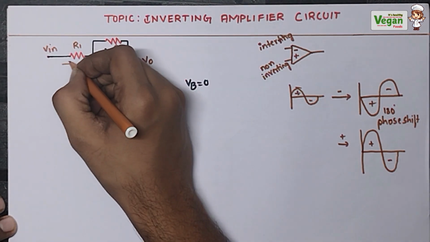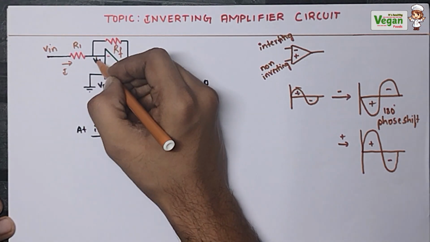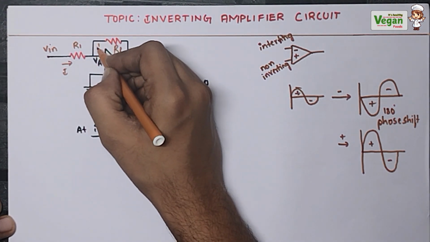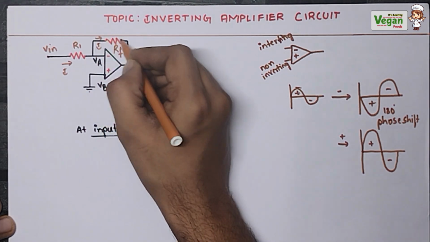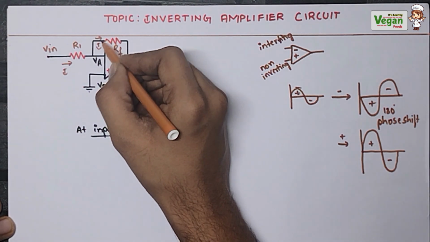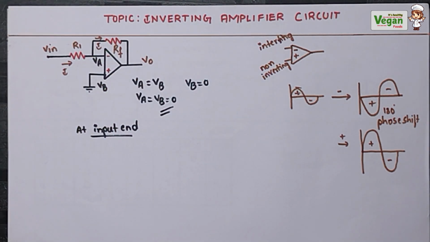The current will start flowing right here, and there are no other components like a capacitor or anything, so it will flow in the same direction to the output. So on both the input side and the output side, a common current is flowing. Let's form the equation in terms of current.